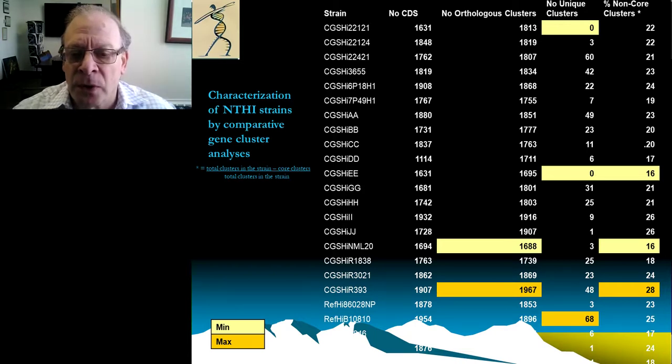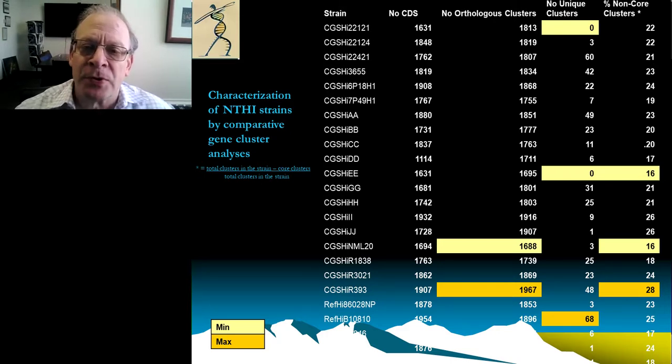We can also look at the number of unique genes in each strain, and with only a couple of exceptions, every strain has a fairly large number of unique genes. This one has 60 genes that none of the other strains have. This one has 31 that none of the other strains have.